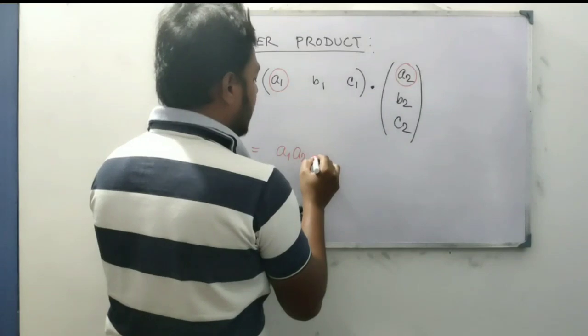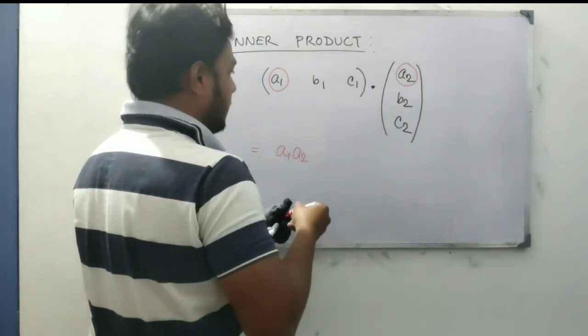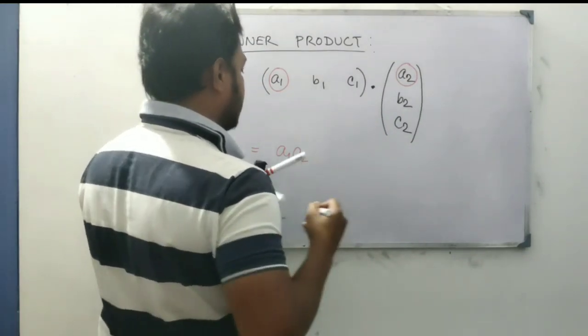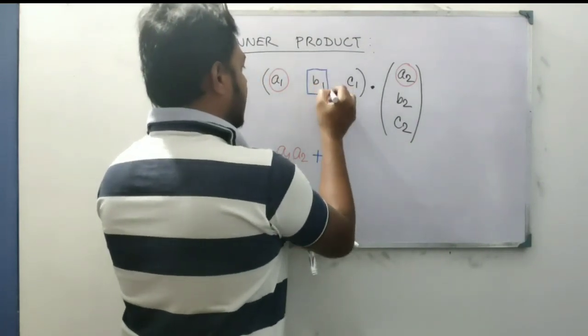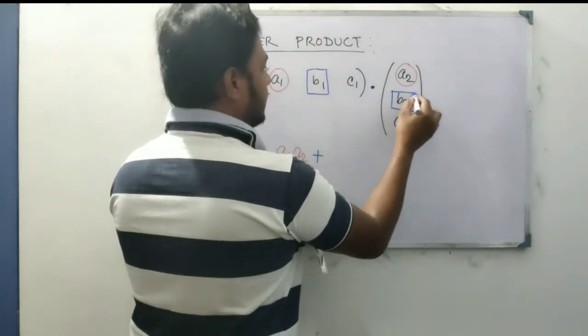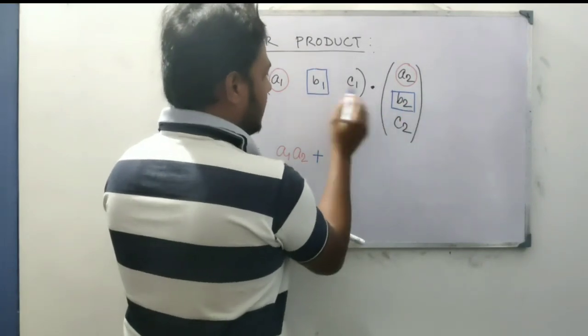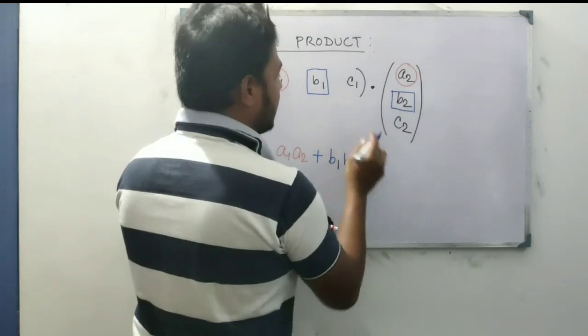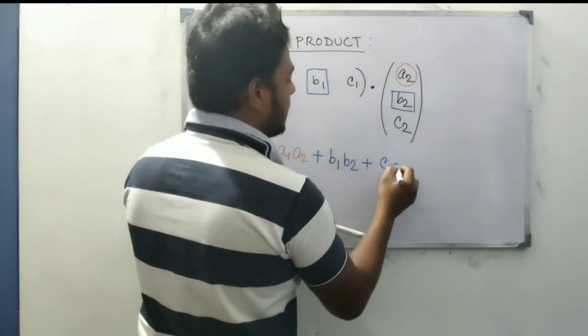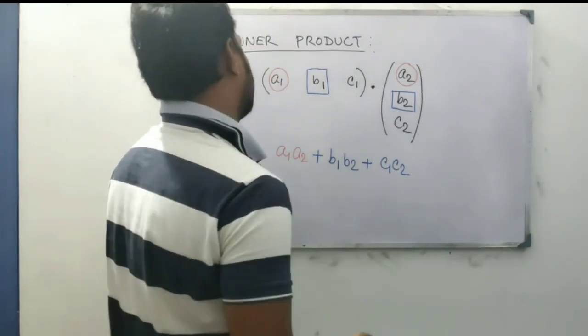After that we have to use plus. Next, second with second, then B1 B2, plus the rest part C1 C2. So this is called the inner product.